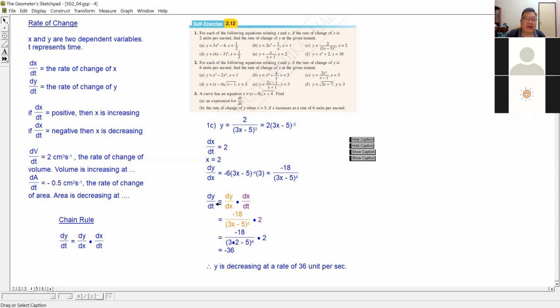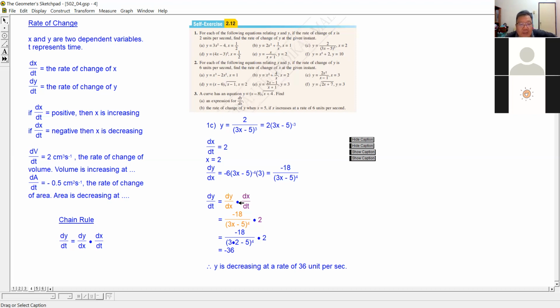So you have to find dy/dt, and you have to use the formula. You write out the formula, then each thing inside the formula you replace: take dy/dt, put inside; dx/dt, put inside; x equals 2, put inside.